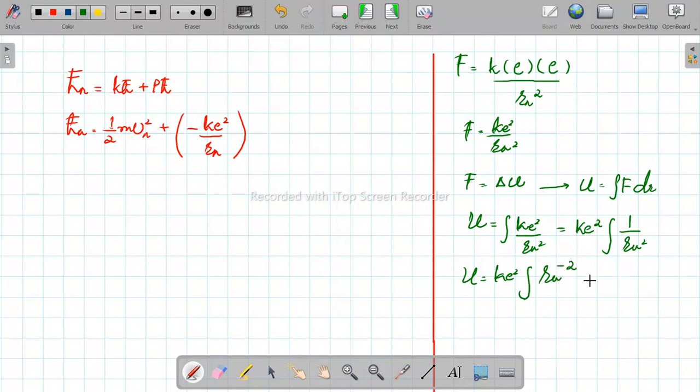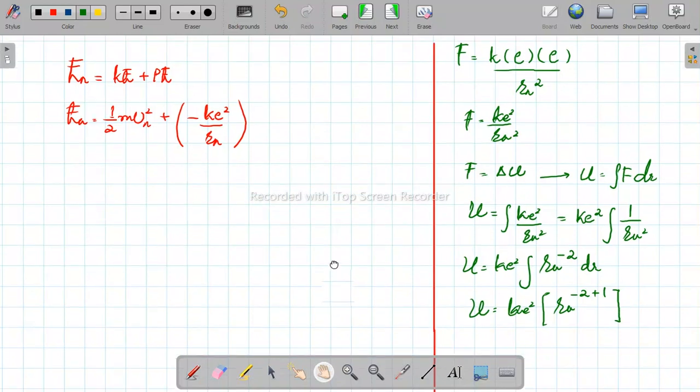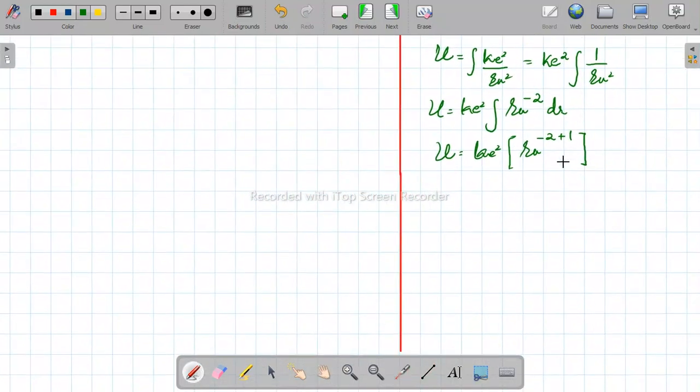How do we take the integral, right? We'll just add 1 to this power, that is rn to the minus 2 plus 1, and then we'll divide this expression by the resultant power, which in this case is minus 2 plus 1. So we can write k e square with this rn raised to the power minus 1 over this minus 1 here.